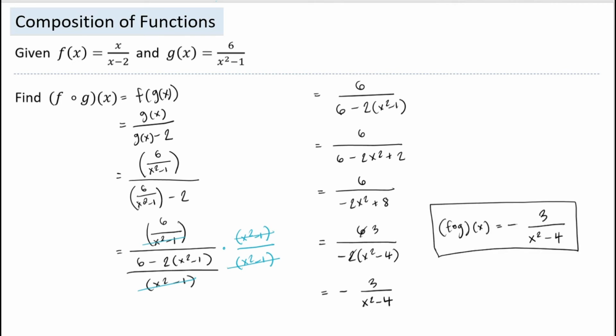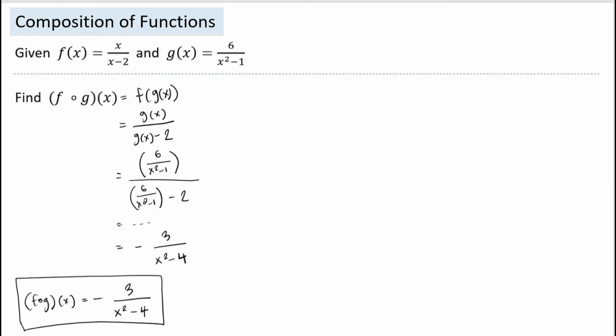After computations, we get negative 3 over x squared minus 4. Let's find the domain of this composite function.